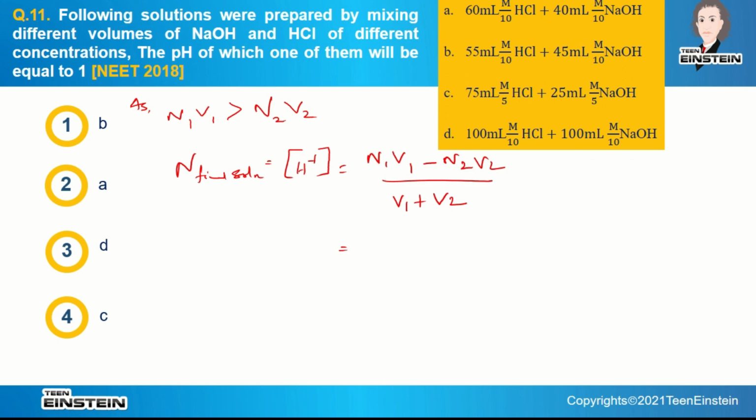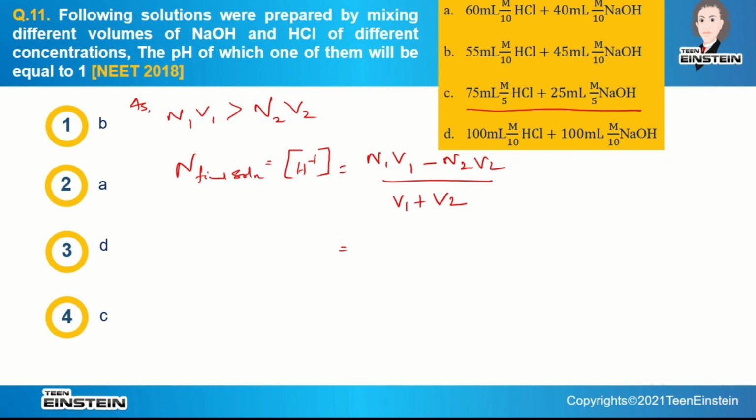So among all the given values, option C is the correct answer. Now we substitute all the values in the following equation. So here N1 is the normality, V1 is the given volume.